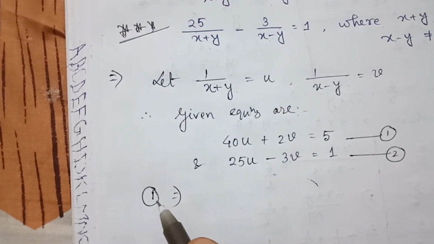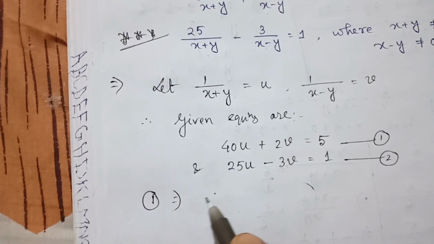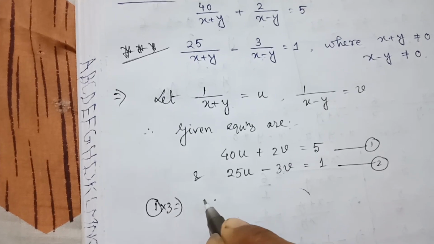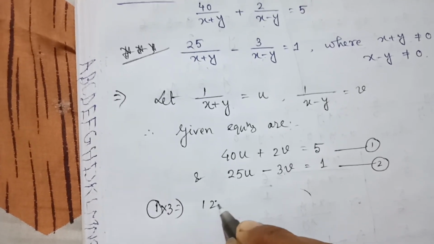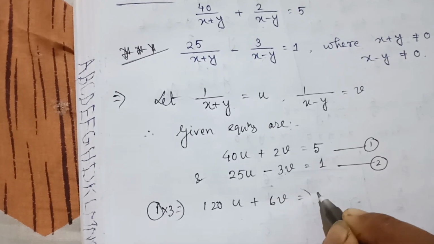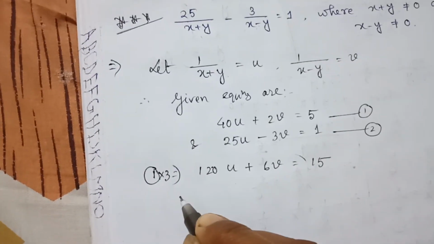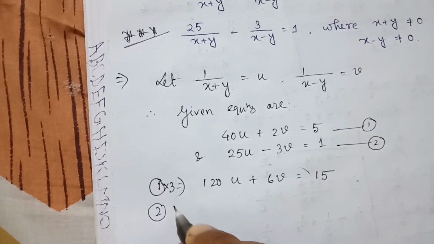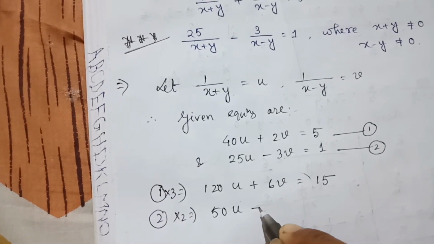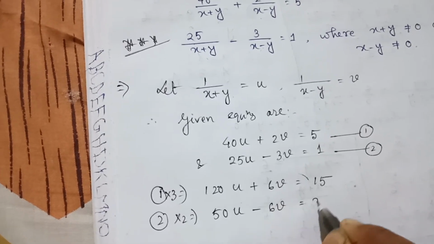Okay. So number 1, we are multiplying with 3. Number 1 into 3, so we are getting 120u plus 6v equals 15. And number 2, we are multiplying with 2. So we are getting 50u minus 6v equals 2.